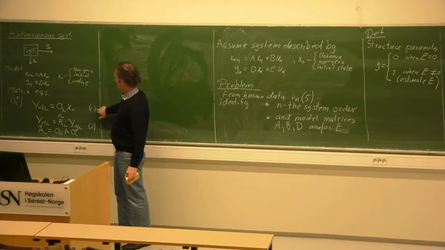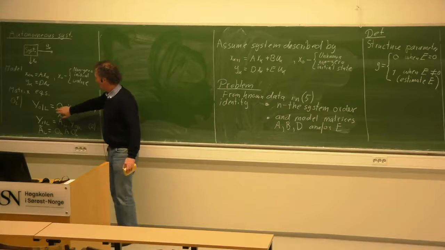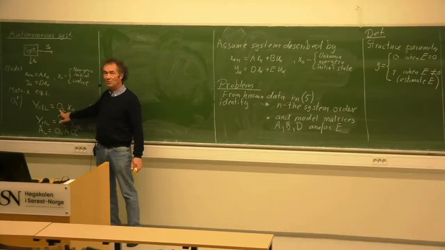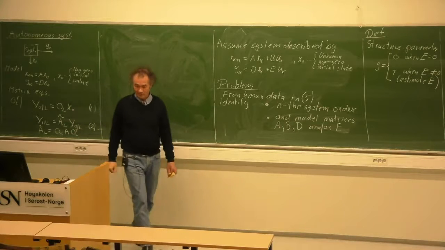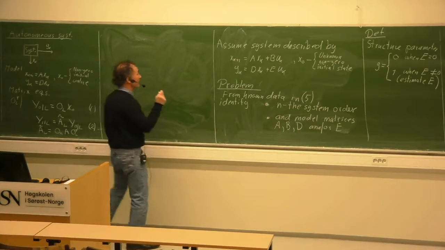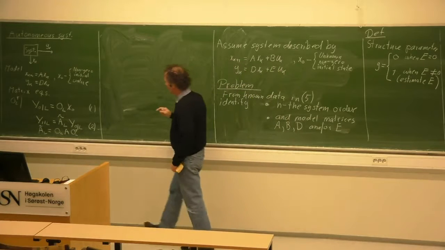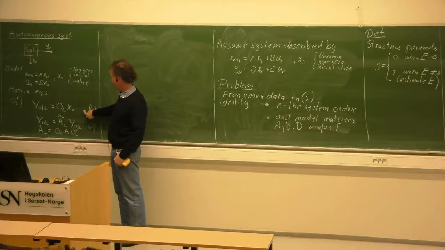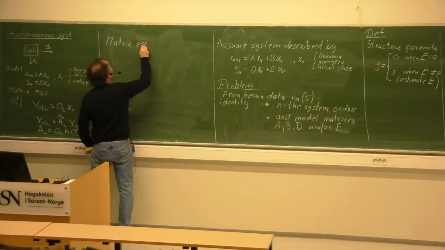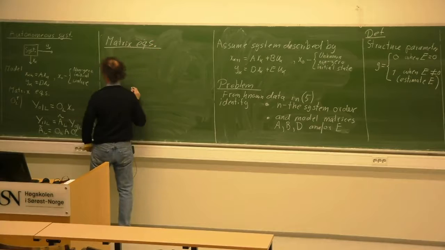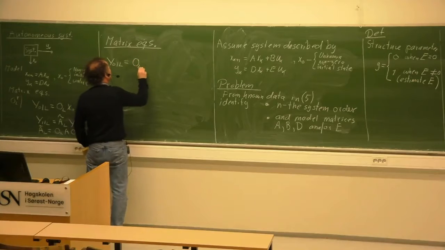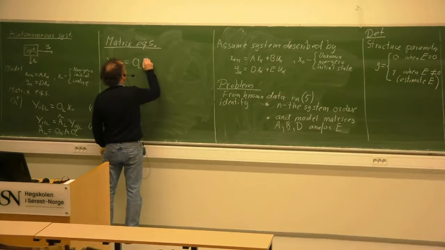You see here, we have that the output Hankel matrix Y_{0|L} is equal to the product of the extended observability matrix O_L times the state vector matrix X_0.